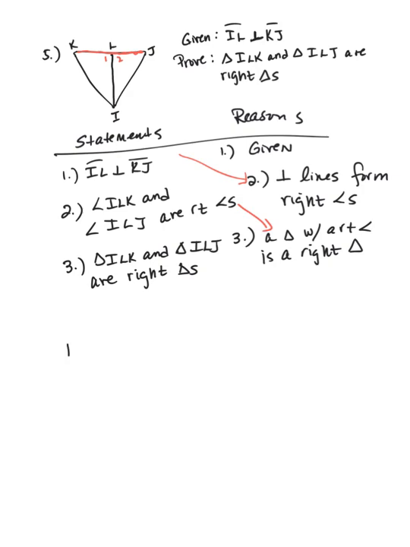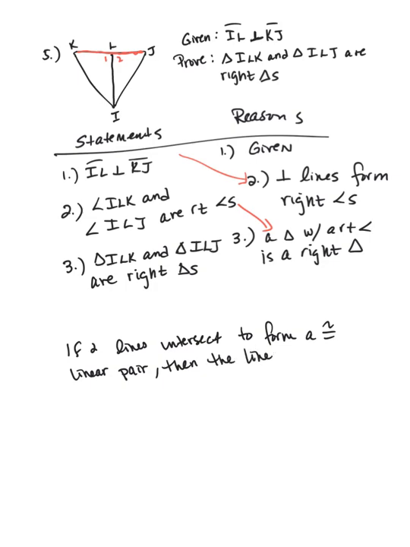Okay, if 2 lines intersect to form a congruent linear pair, then the lines are perpendicular. Okay, so we have some congruent linear pair.